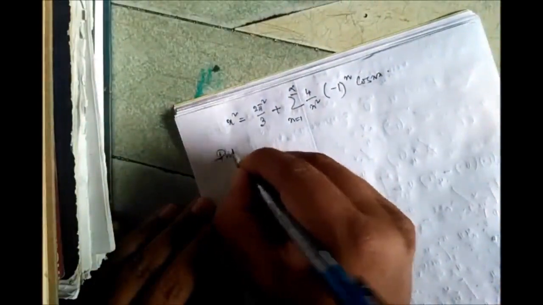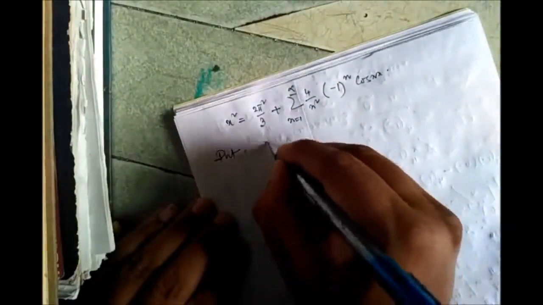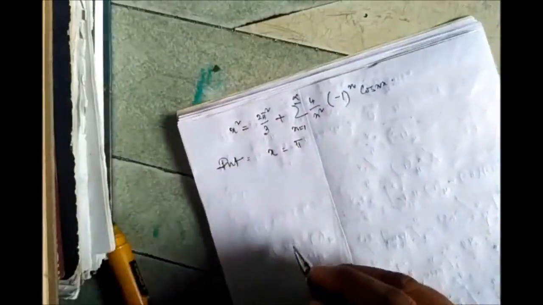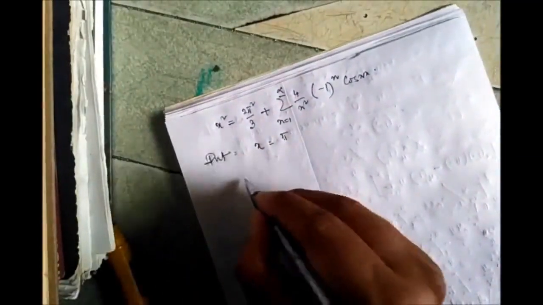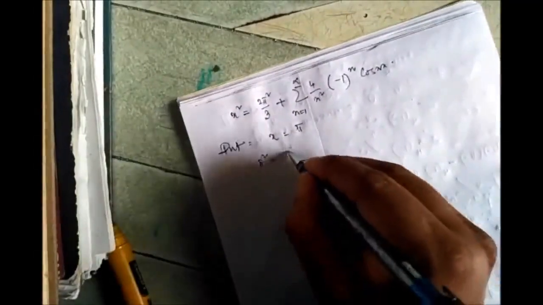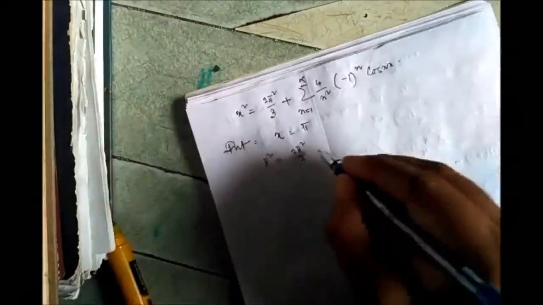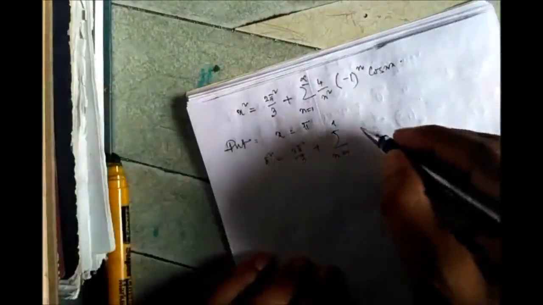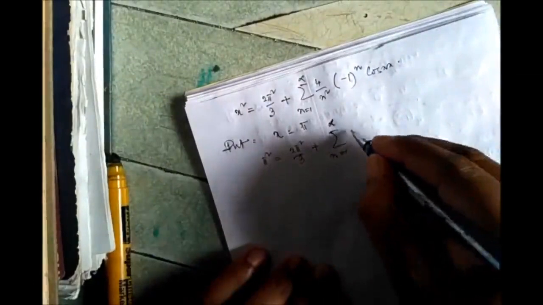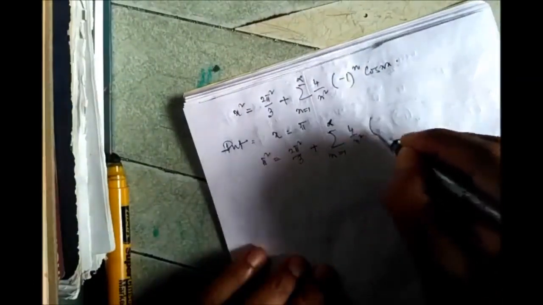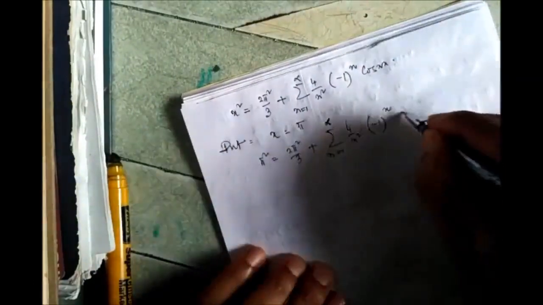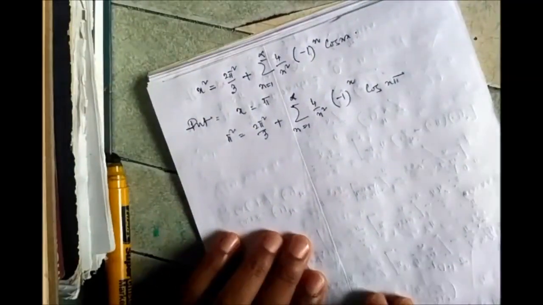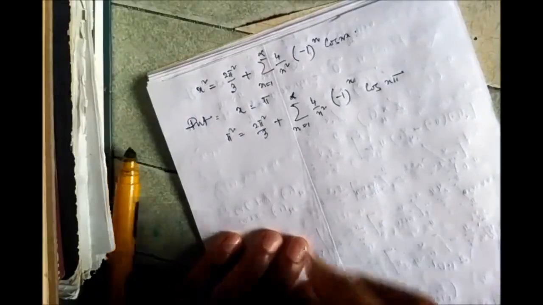Now put the value x equal to pi. What you get from the left hand side is pi square, and on the right, pi square by 3 plus sum over n equal to 1 to infinity of 4 by n square minus 1 to the power n cos n pi, right?